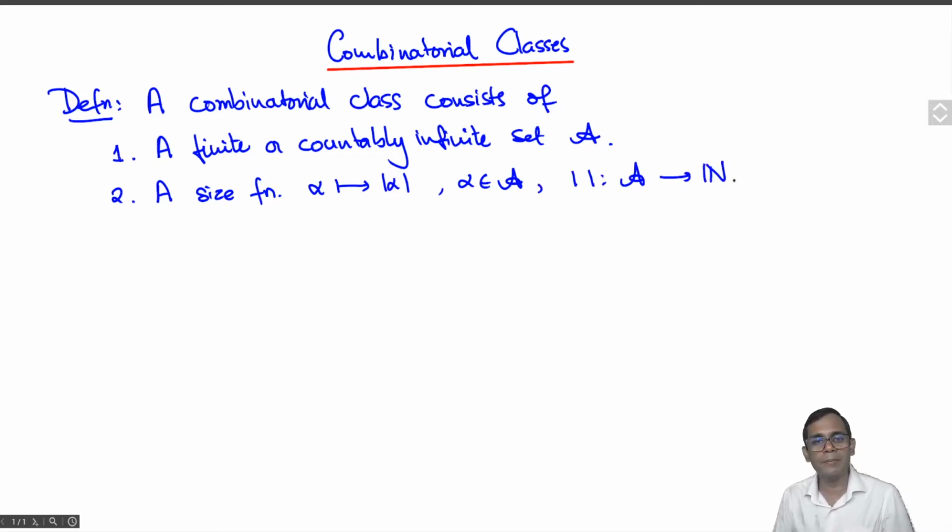So to each element of A, we will attach a size of alpha, which we denote by absolute value of alpha. And this has to be a non-negative integer.